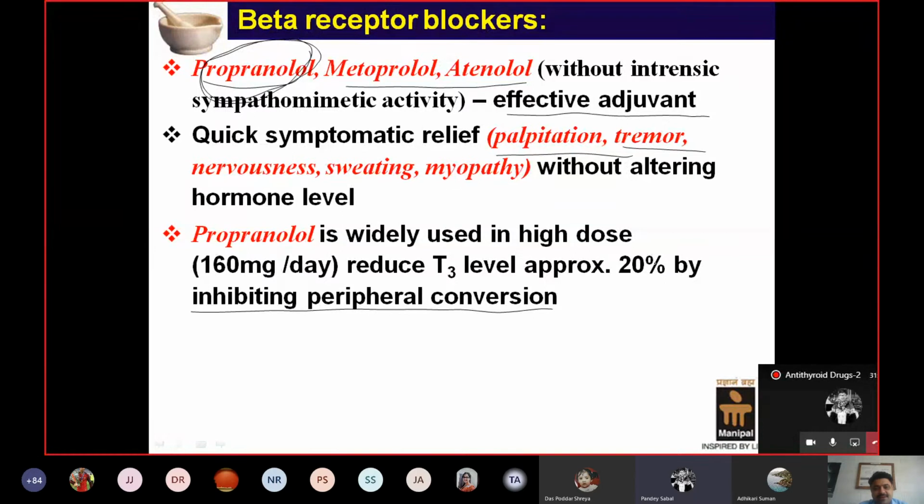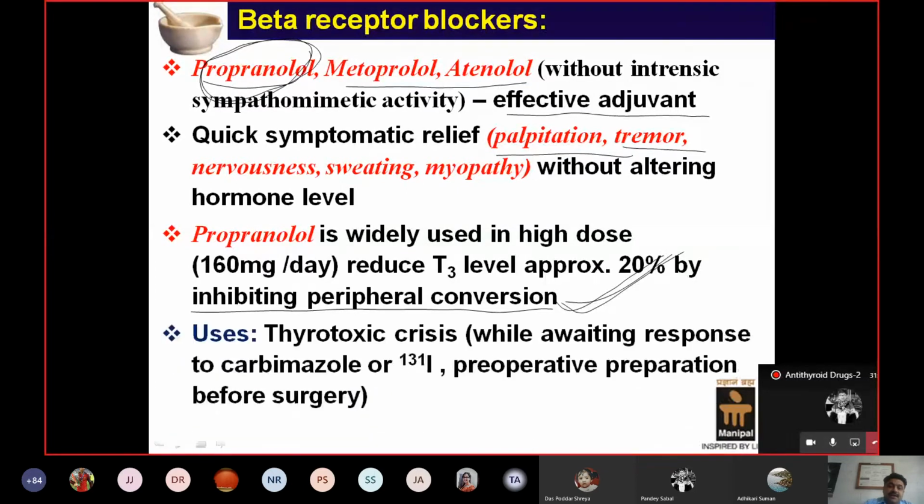Okay, anything about tremor? Now see, symptoms are relieved by other beta blockers also. Why are you preferring propranolol? Because it is non-selective. It also minimizes the tremor, and of course inhibits the peripheral conversion of T4 to T3. So this is a very, very important point.